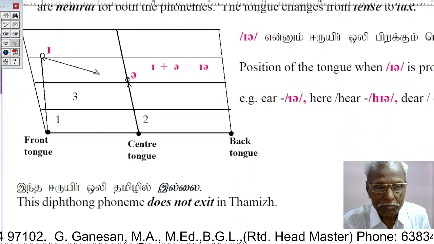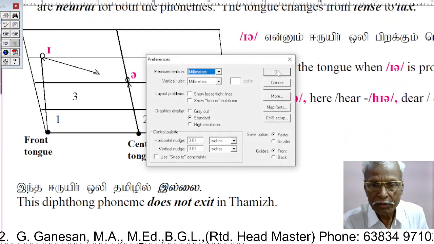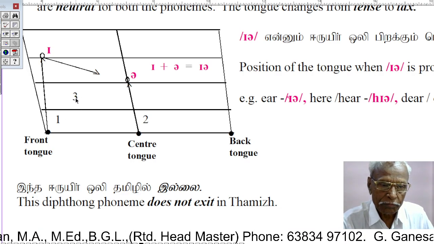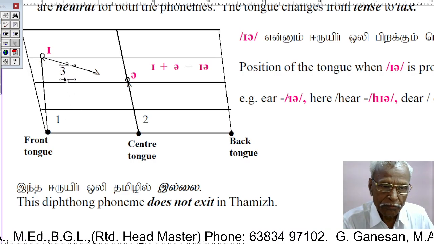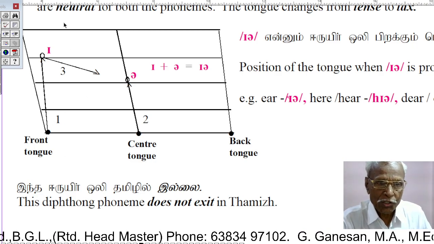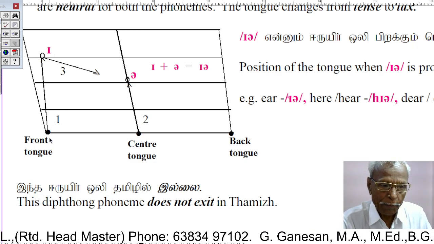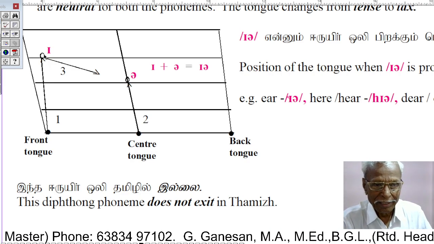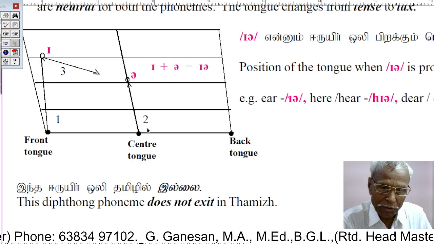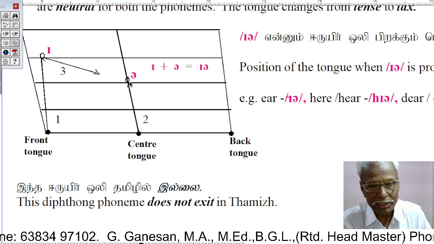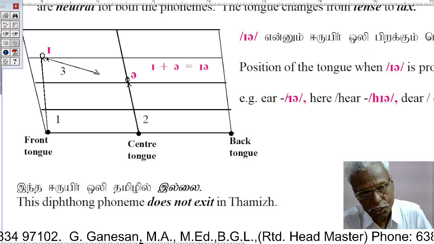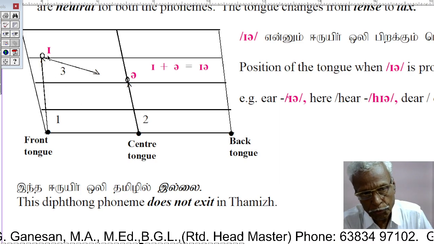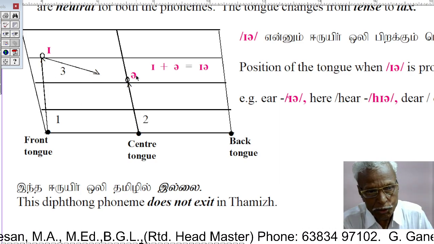See the diagram. You see, first the phoneme E is produced by raising the front tongue. Then A is produced by raising the center of the tongue. Then E is moved towards A. First E is produced. Secondly, A is produced.